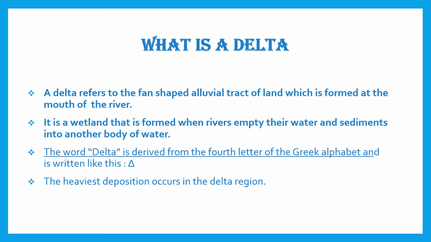The word delta is derived from the fourth letter of the Greek alphabet and is written like a triangle. The heaviest deposition occurs in the delta region. The silt is deposited mainly at the mouth of the river where it meets the sea. It is formed during the lower course of the river.